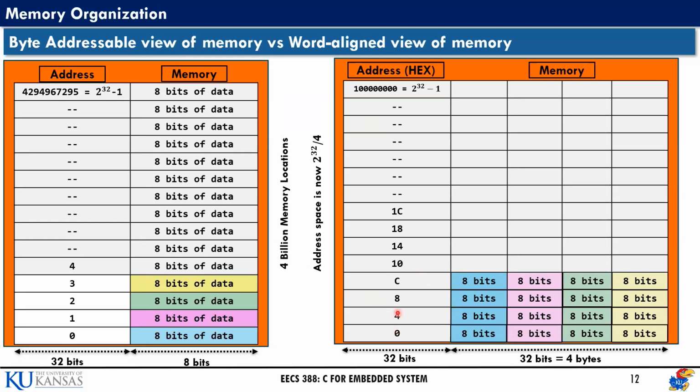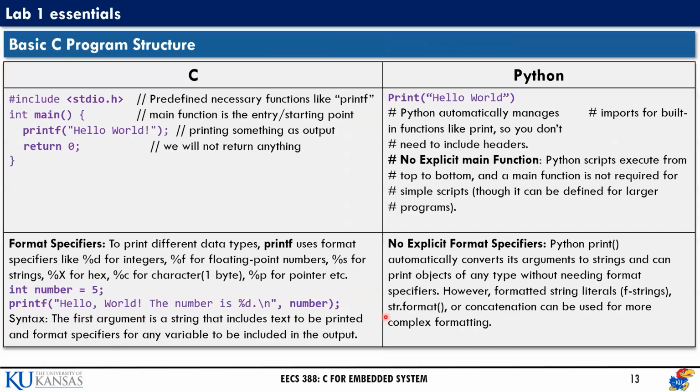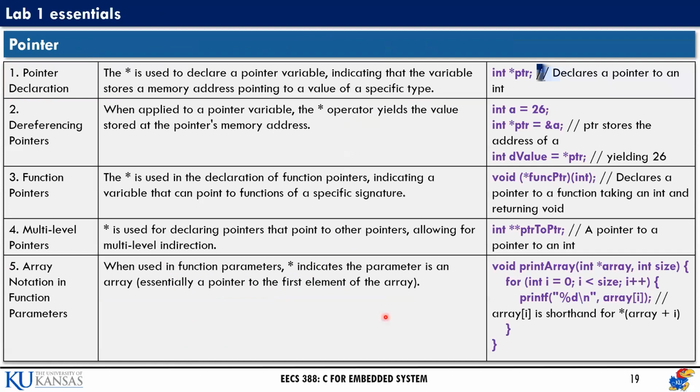So a pointer is a special type that can hold the address of our memory. We use this asterisk notation to declare a pointer variable, and this notation indicates that the variable stores a memory address pointing to a value of a specific type.